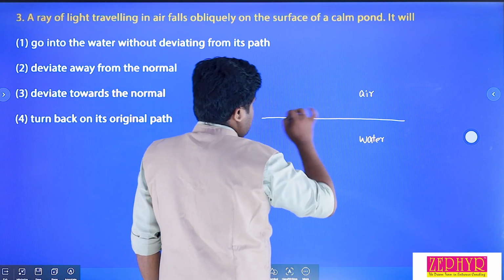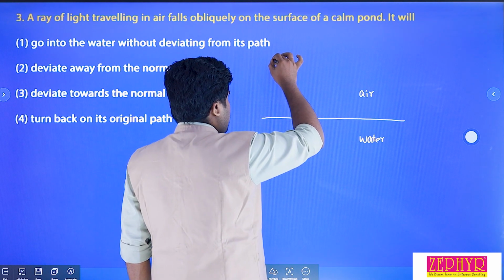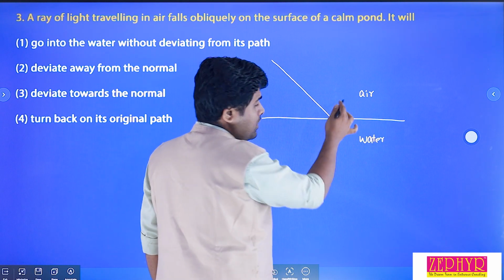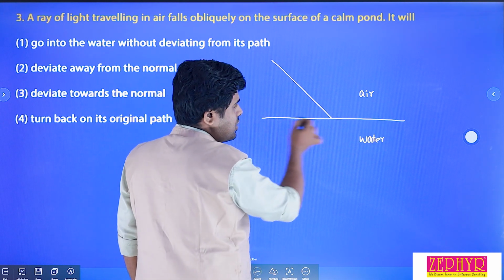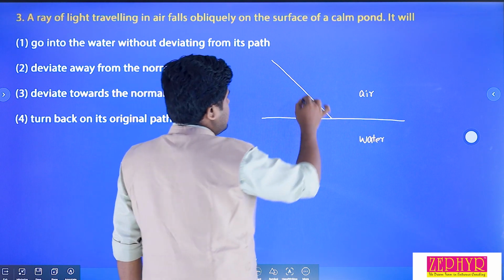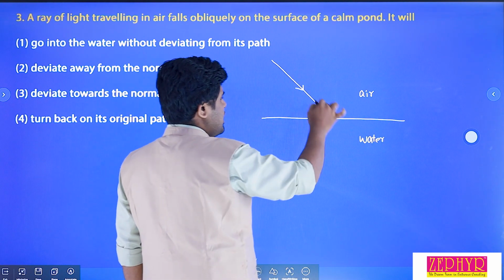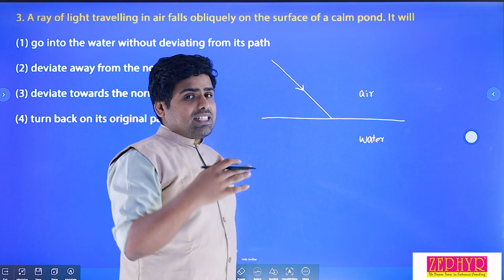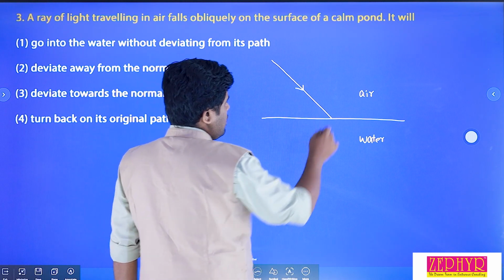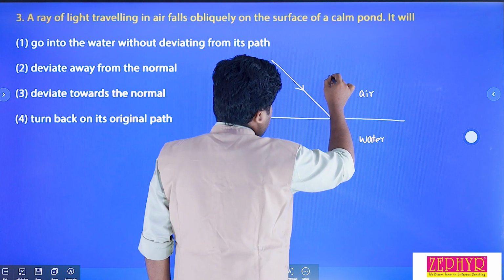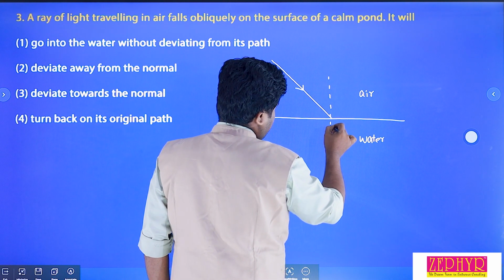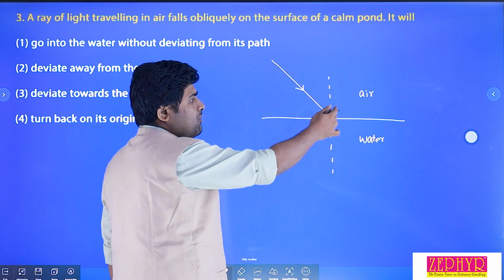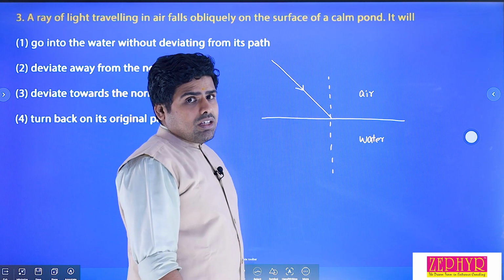So when a light ray enters the interface of the two media, this is the interface and this is the incident light ray, which hits the interface at a certain angle. Imagine a normal is present here. The light ray is coming from the rarer medium.